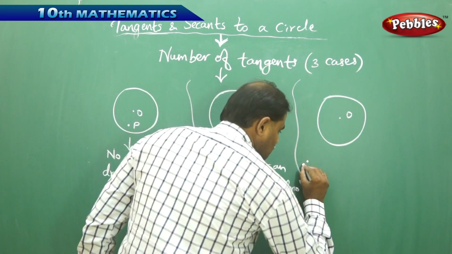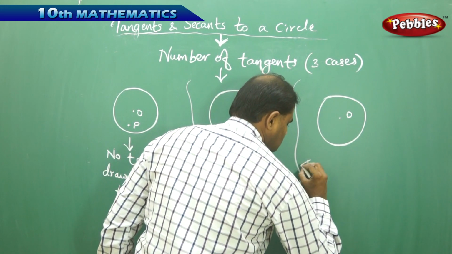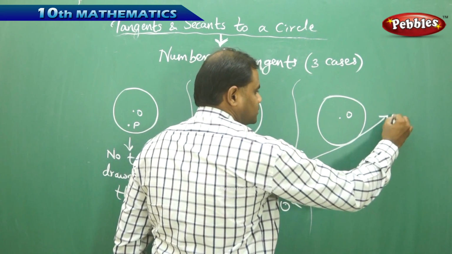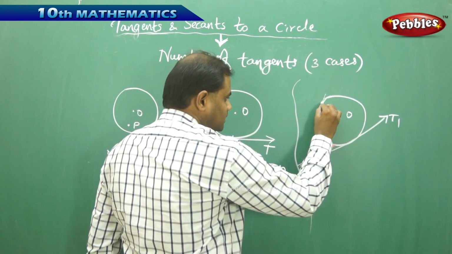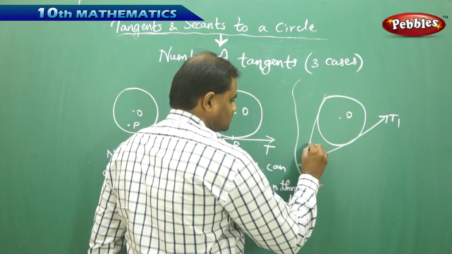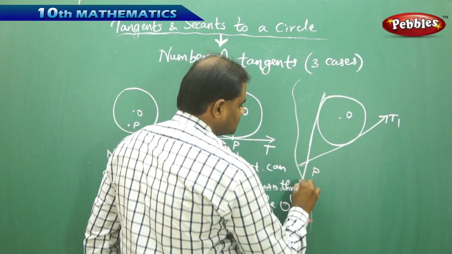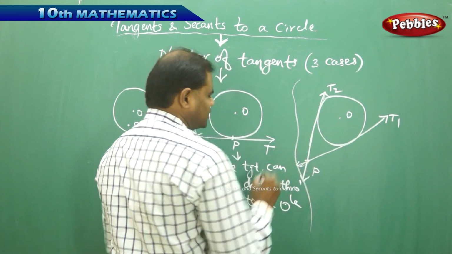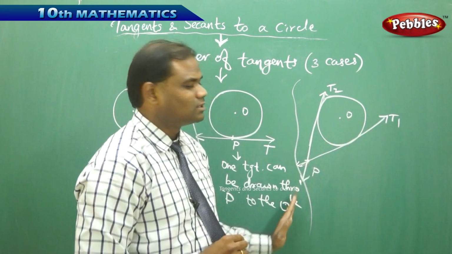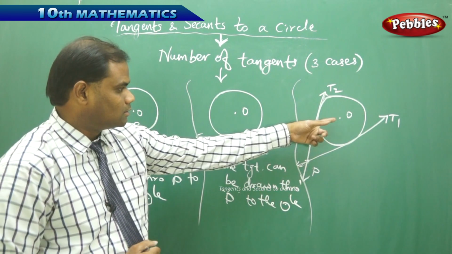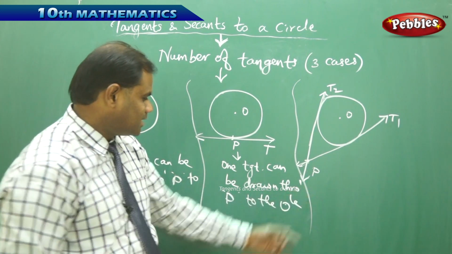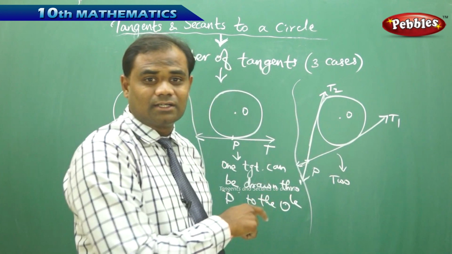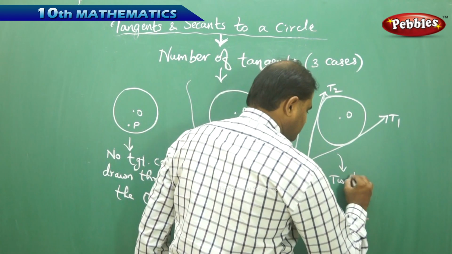One coming out, passing through P. I have one tangent here which is T1, and I have another tangent T2, are the two tangents which I can clearly see passing through P to the circle with center O. So in this case, I see that for any point outside the circle, there are two tangents which can be drawn.